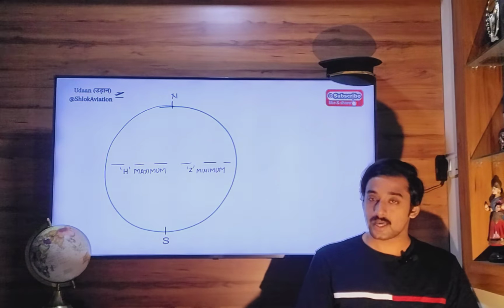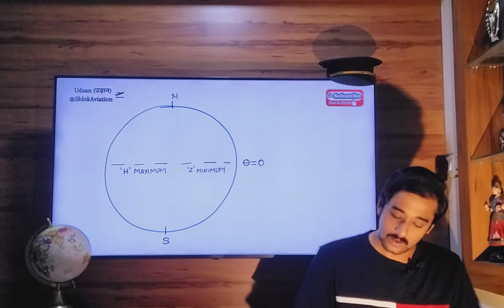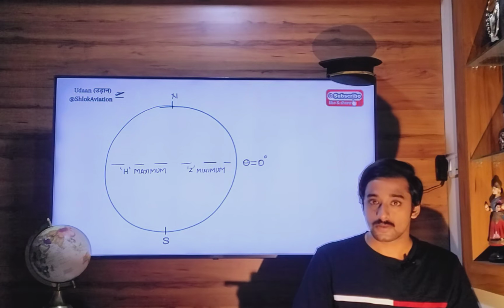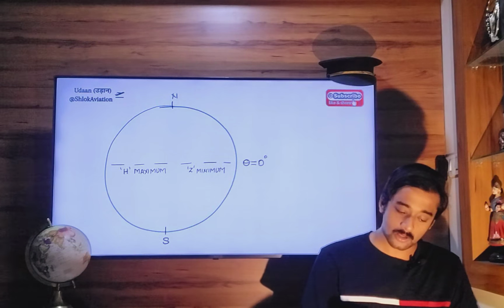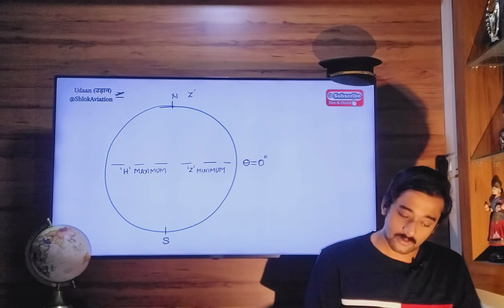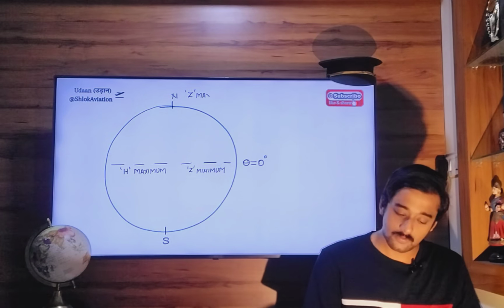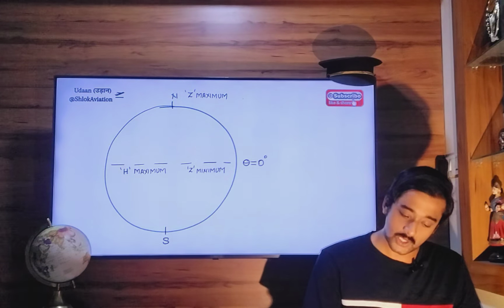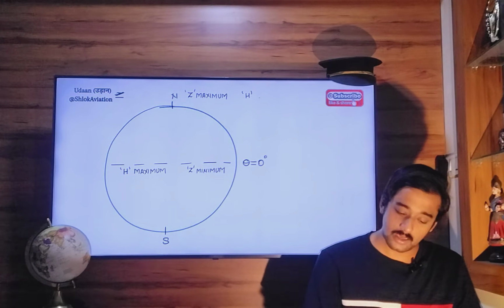So that means the dip angle will be 0 degrees. When you go to the north pole, the vertical component of the earth's magnetic field will be maximum, and the horizontal component will be minimum.